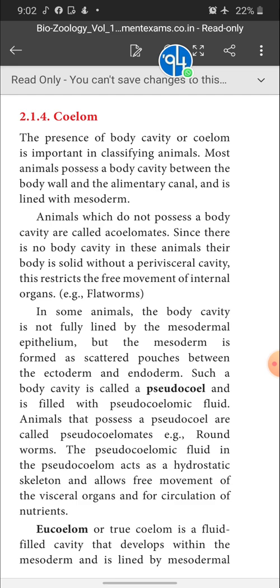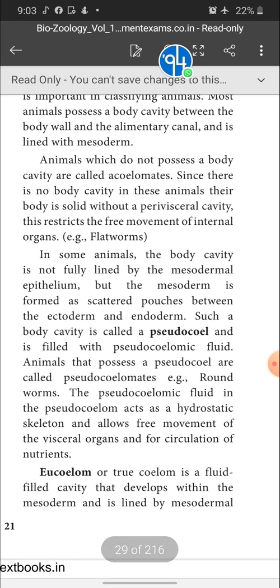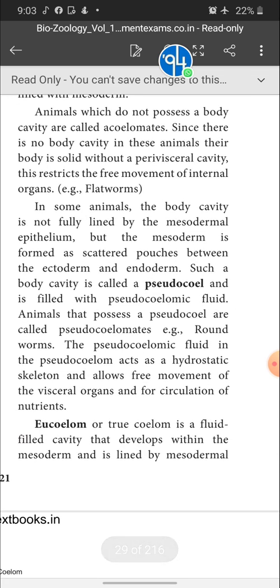Animals which possess a coelom, that is a body cavity, but it is not lined with mesodermal layer, and the mesoderm is present as patches in between the ectoderm and endoderm, such a coelom is called pseudocoelom and the animals are called pseudocoelomate. Example, roundworm. The pseudocoelomic fluid acts as a hydrostatic skeleton and allows the free movement of visceral organs and for circulation of nutrition.